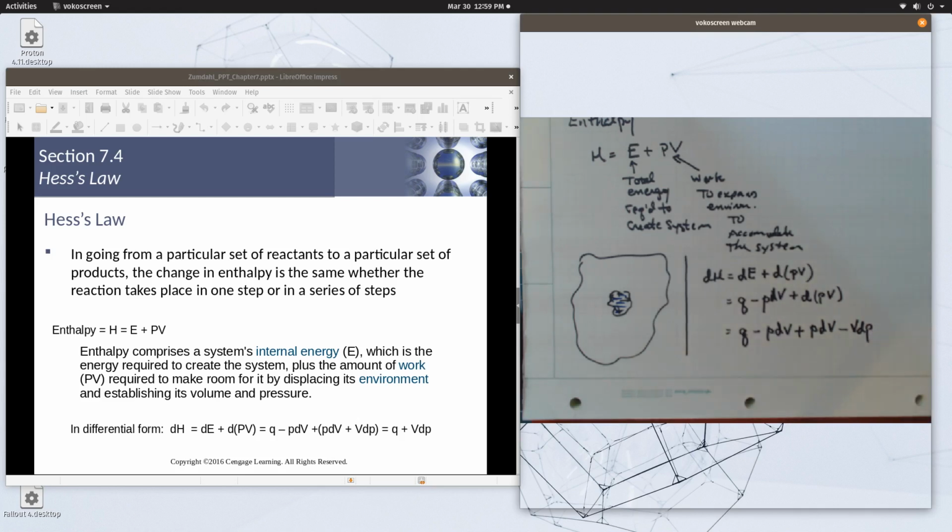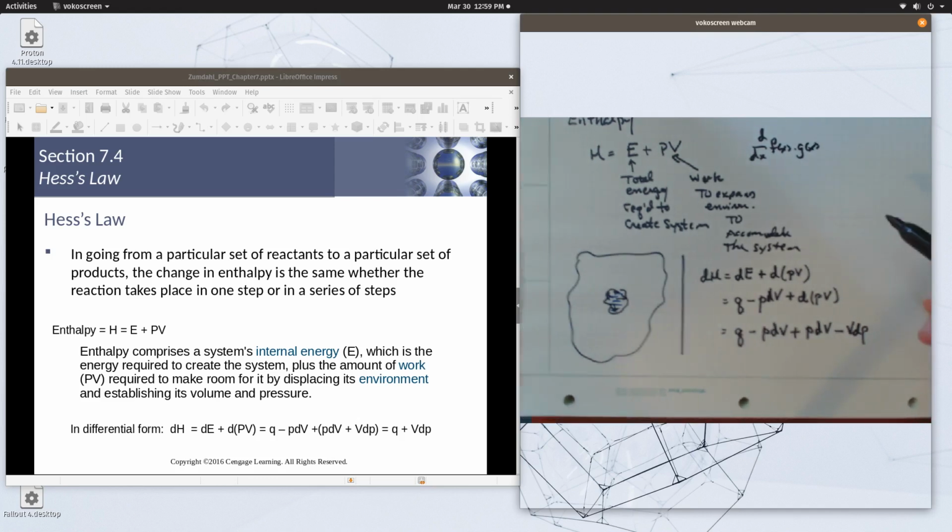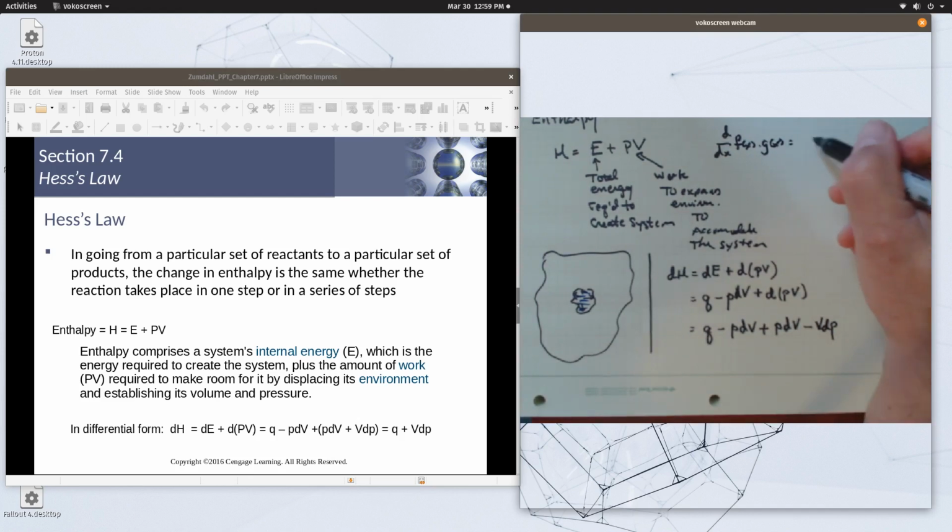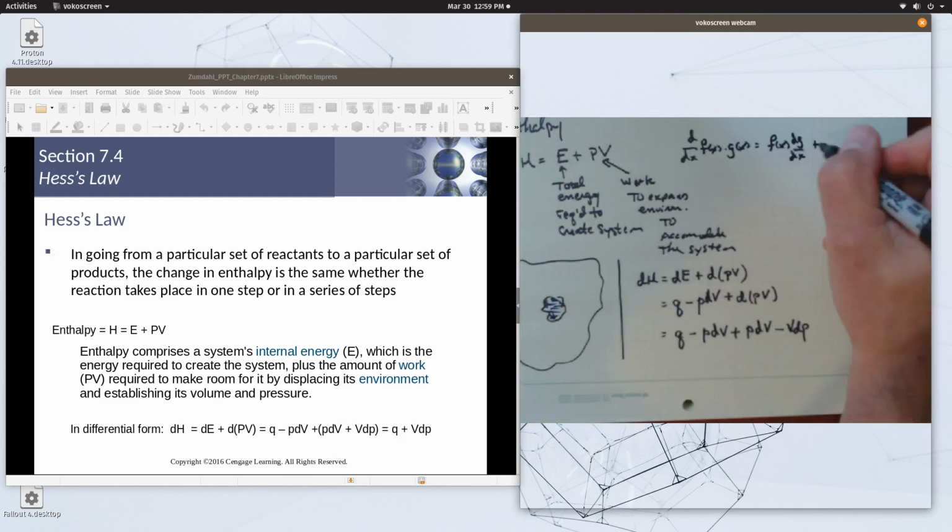Because if you remember how you take derivatives of a composite function, let me just remind you up here. The derivative with respect to x of f of x times g of x is equal to the first times the derivative of the second plus the second times the derivative of the first.